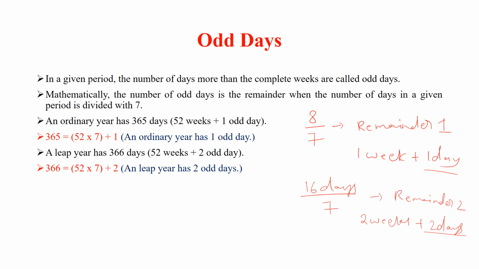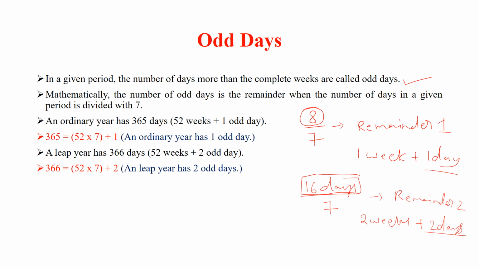In a given period, the number of days more than the complete weeks are called odd days. Mathematically, the number of odd days is the remainder when the number of days in a given period is divided by 7. Here the given period is 8 and here the given period is 16. We have to divide the number of days in a given period by 7.